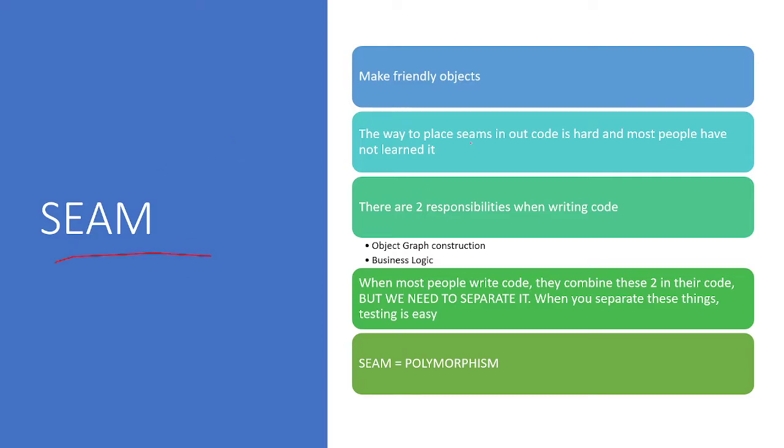Now, a seam makes friendly objects, and to place seams in our code is hard, and most people have not learned it. There are two responsibilities when writing code: the object graph construction and business logic. When most people write code, they combine these two in their code, but we need to separate them.